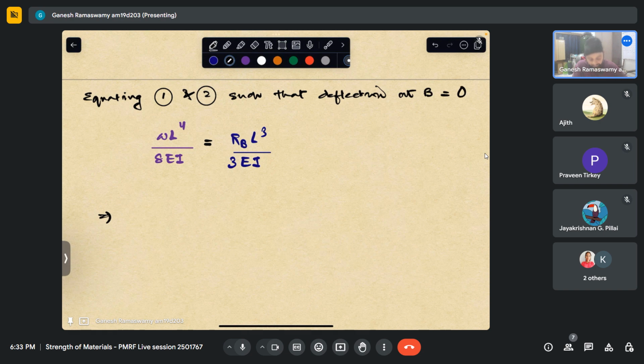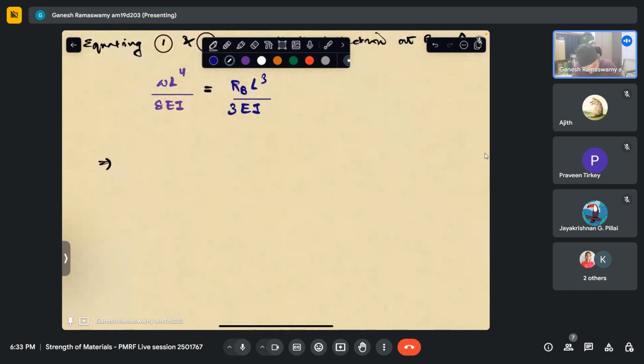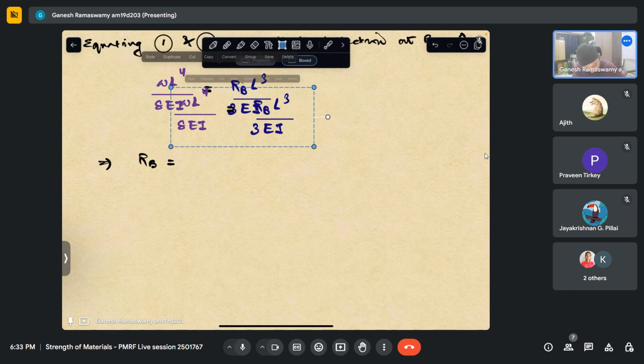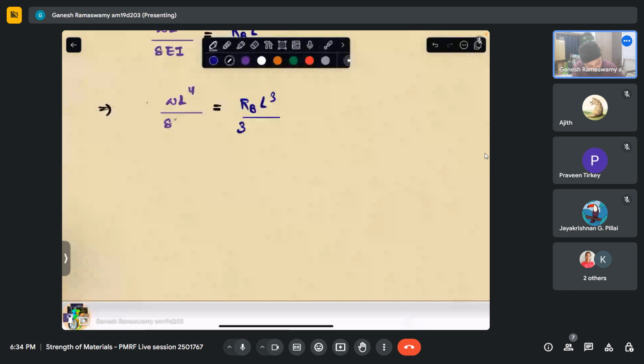So that is what we have done here. So RB, from here we can see, EI just cancels out. So this gives us RB is nothing but 3WL by 8.